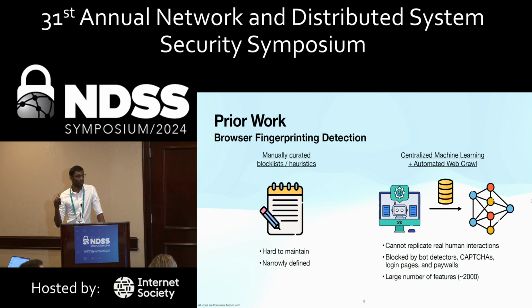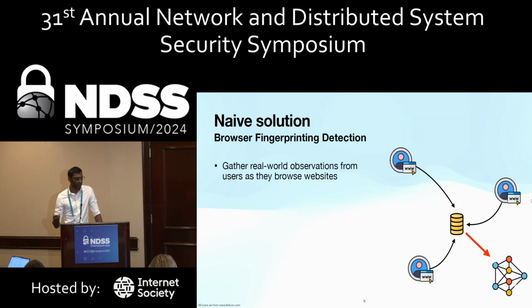However, since the crawls are automated, they cannot replicate real-world human interactions and are often blocked by bot detectors and also captchas. Furthermore, these centralized machine learning techniques often use a large number of features in the range of 2,000. Overall, prior work on browser fingerprinting detection might miss many fingerprinting scripts in practice.